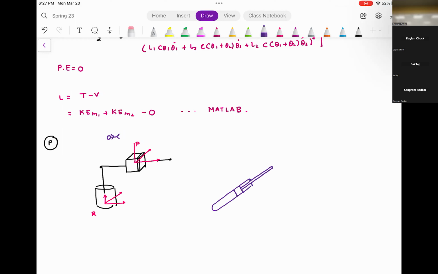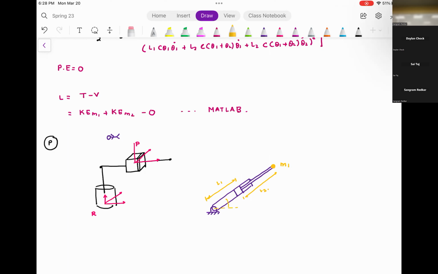If this is mass M1, with length L1, and I'm going to call this length L2, this actually has 2 degrees of freedom.